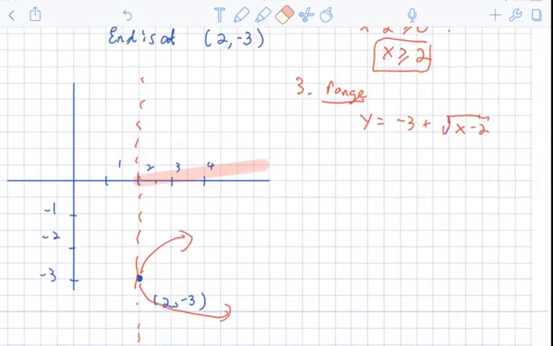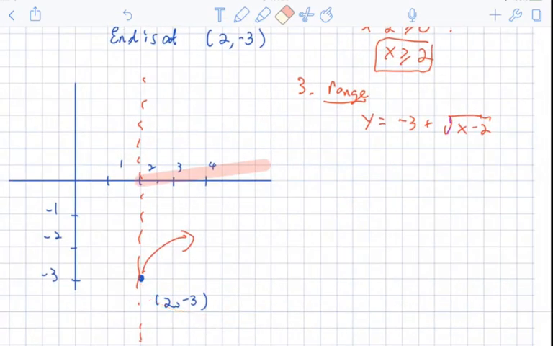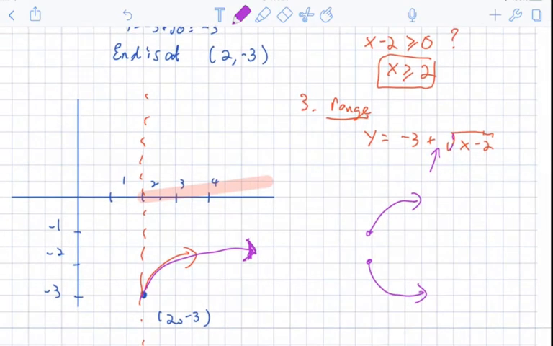So it can't be that shape. It has to be this shape. The shorthand is, if there's a positive number in front, it's shaped like this. And if it's a negative number, it's shaped like that. Okay? So the domain here is x bigger than 2, and the range is y bigger than minus 3.